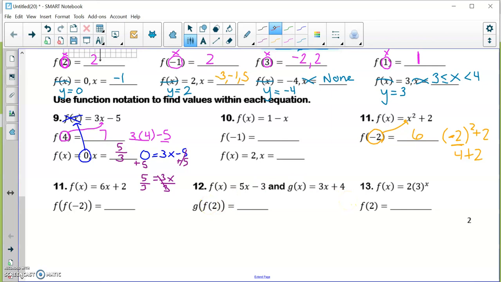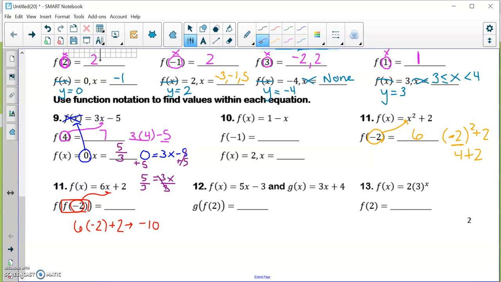Now this one's a little bit tricky because I want f of f of -2. So I'm going to start with my innermost parentheses, and basically what I'm going to do here is find f of -2 by putting -2 in for x. So I have a 6 times a -2 plus a 2, which a 6 times a -2 is a -12, plus a 2 would give me a -10.